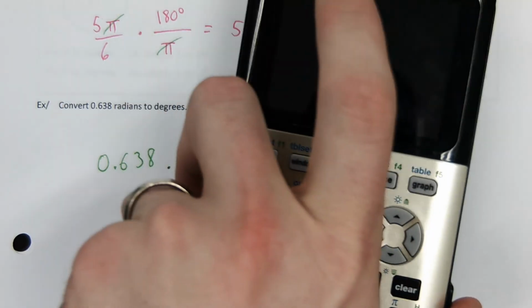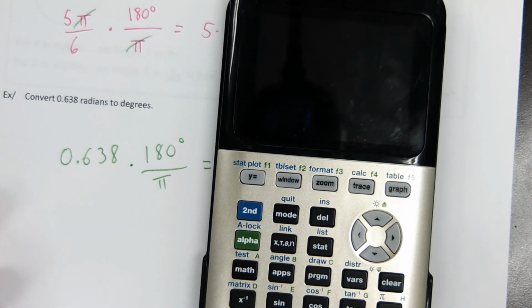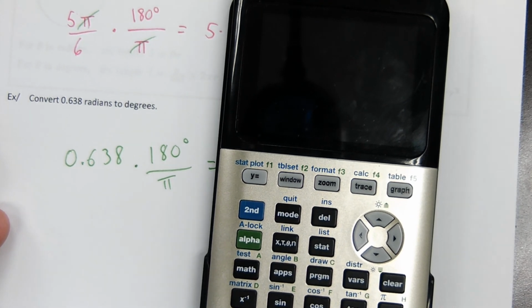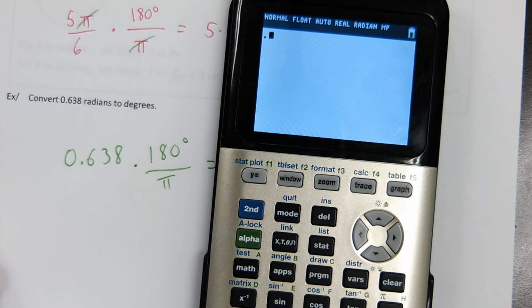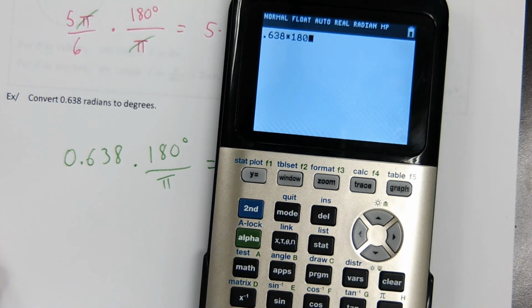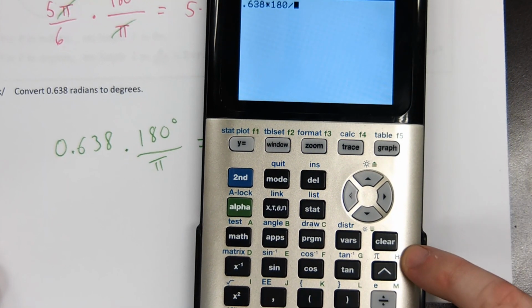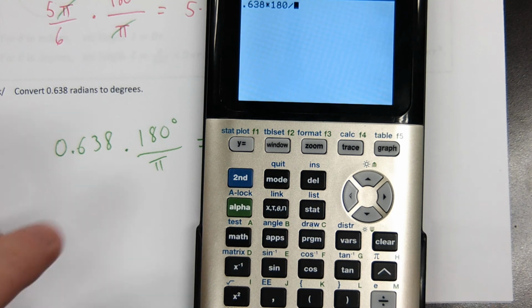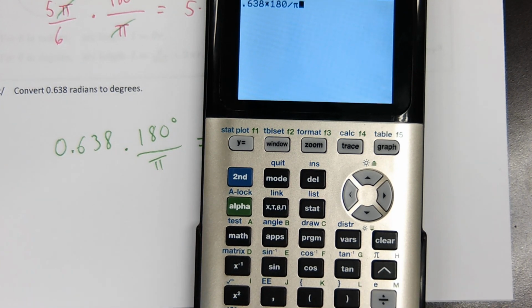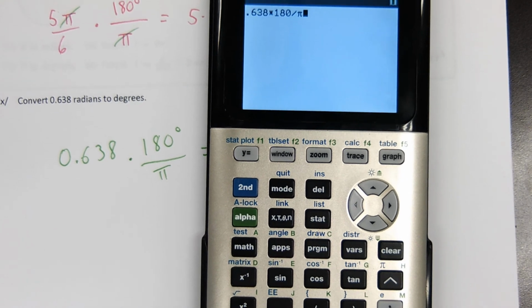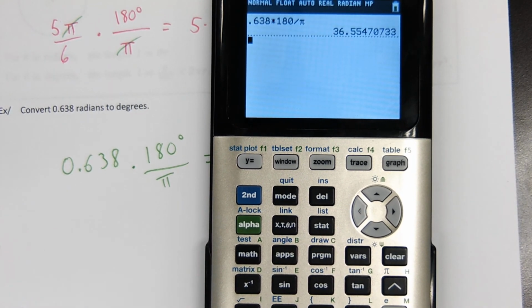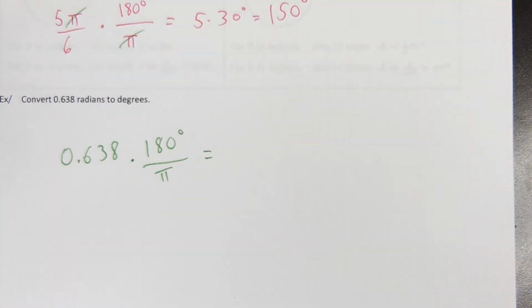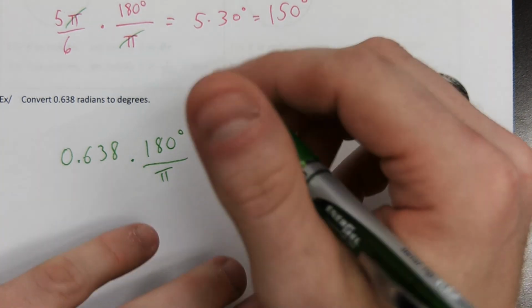And for that one, we grab handy dandy calculator because I have no clue what 0.638 times 180 is, especially divided by pi. 0.638 times 180 divided by, and pi is right there above the caret. So second caret. I don't know who named it caret, but that's what it's called. Equals. Oh, about 36.555 degrees. My phone is ringing on the video. Isn't that just lovely?